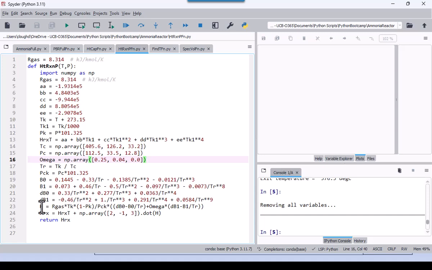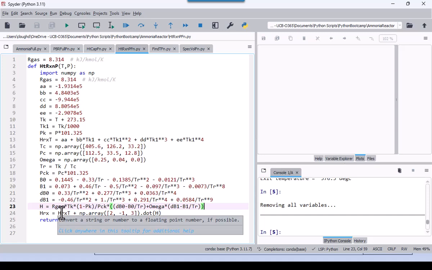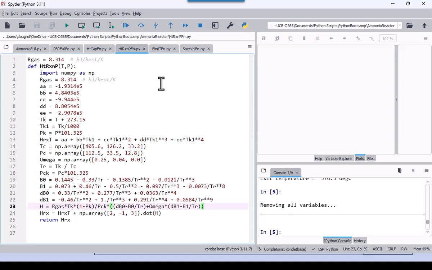And finally, our enthalpy is given by this, the pressure enthalpy. And then what we can do is add the temperature-based enthalpy to the pressure-based enthalpy with the dot product with the appropriate stoichiometry, and that gives us the overall heat of reaction. So a little more complicated, but that's what we do to include the pressure effect on enthalpy. And then we have two more.